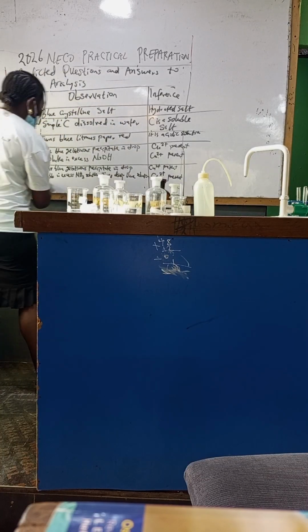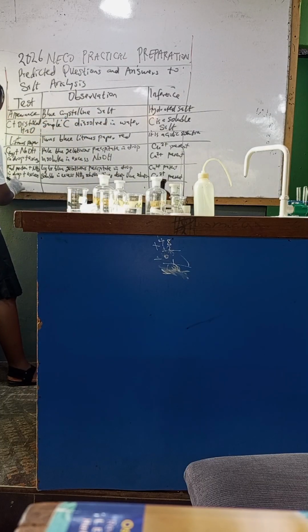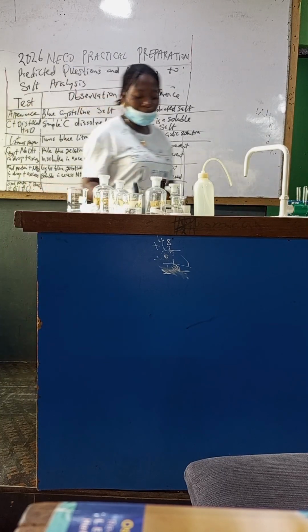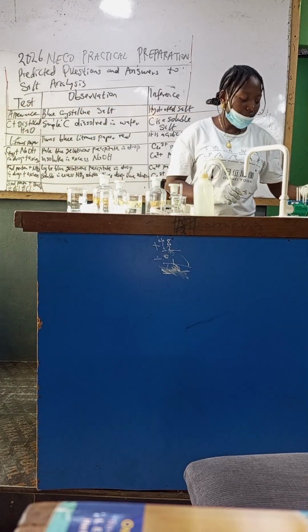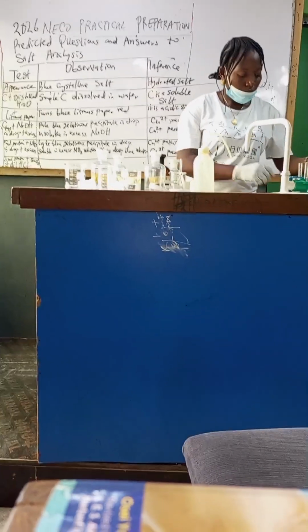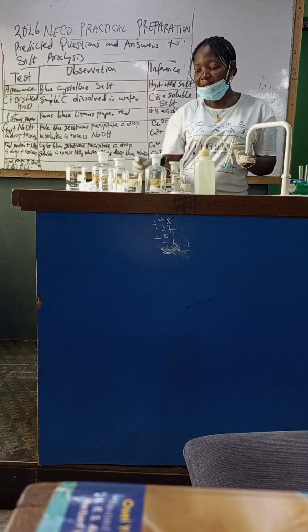Then the next question now says third portion plus barium chloride plus dilute hydrochloric acid. This is the third portion of it.